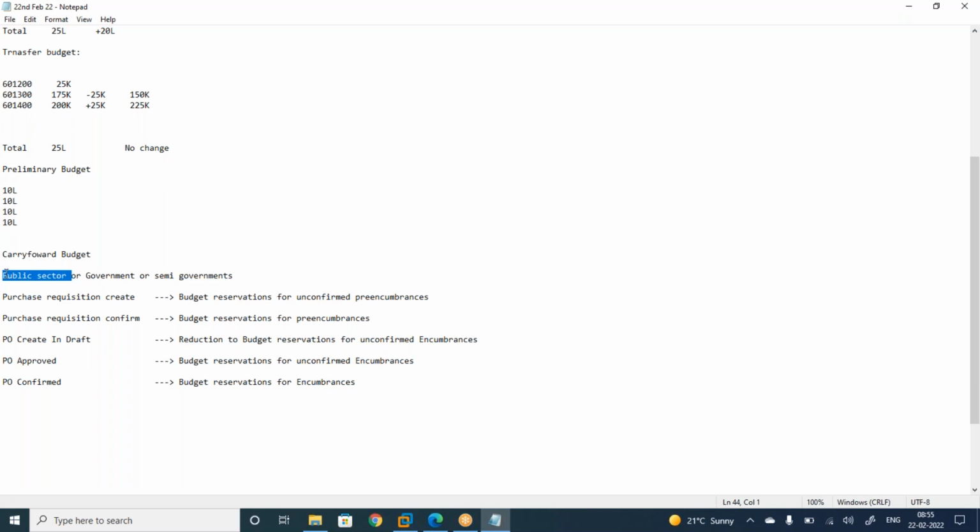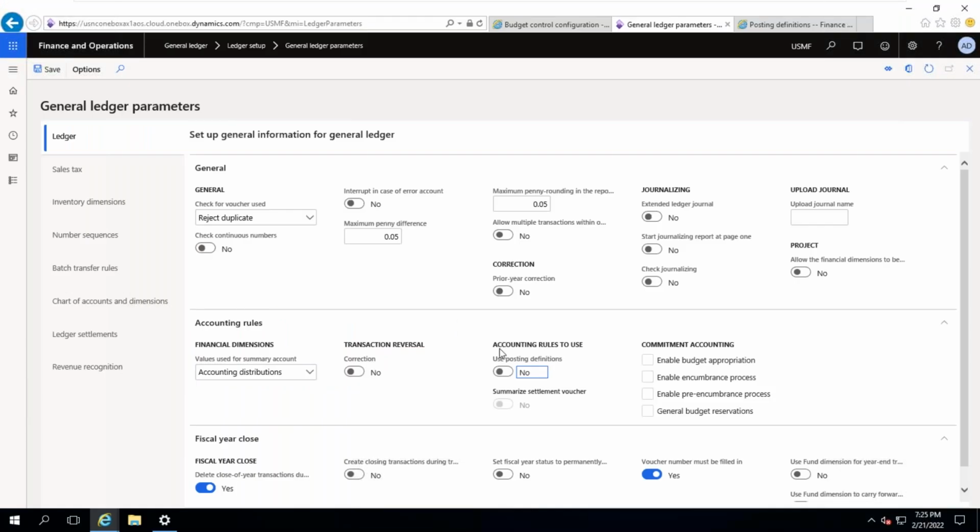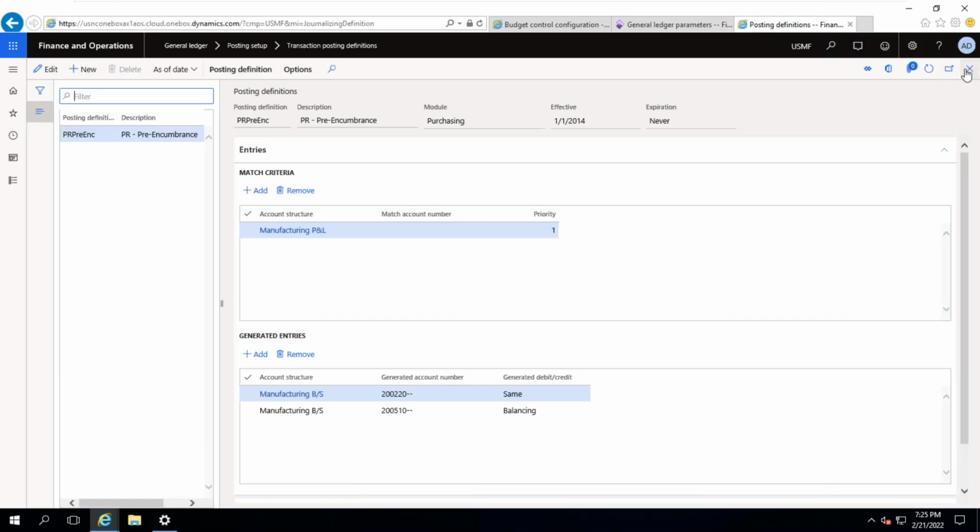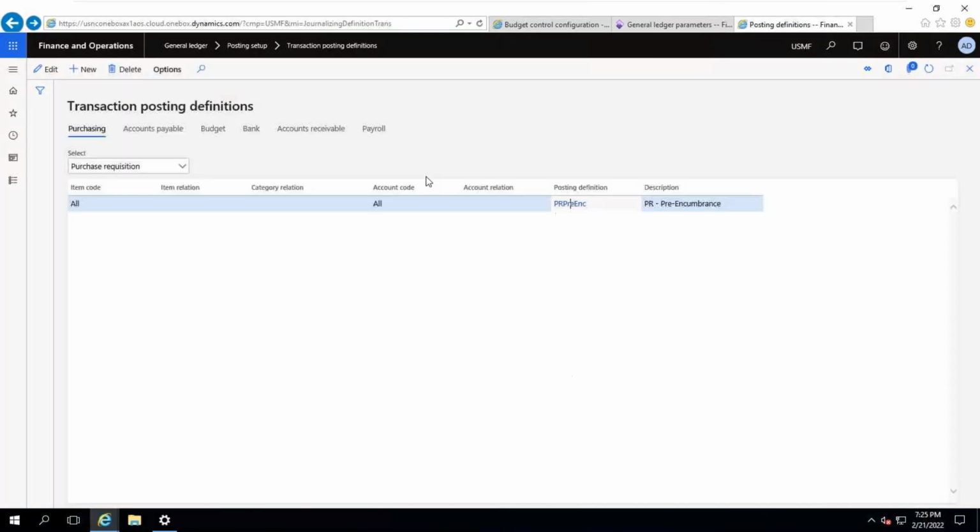Semi-governments, governments, and private companies like L&T and service-oriented companies will enable this checkbox. If it is enabled, then normal posting definitions will be stopped, and whatever you have configured here will be enabled.